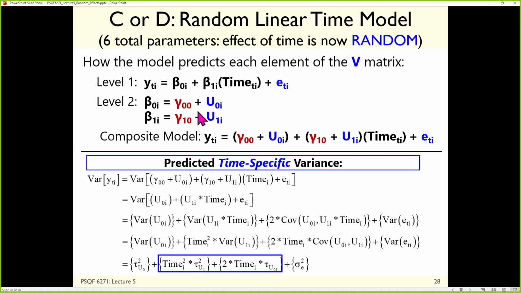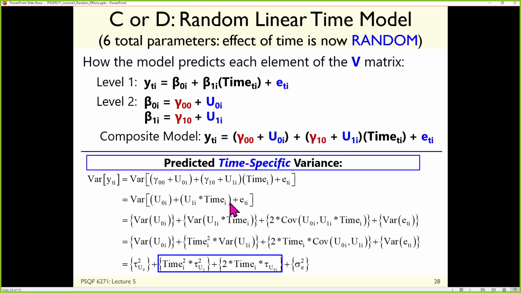So, boiling it down to how this new random linear time model predicts the variance at any one occasion. This is in chapter 5, by the way. So if I want to compute the model implied variance at a particular occasion, here's the model that I have. Anything that is a fixed effect drops out. So all I have to do is figure out the variances that have to do with the random or residual terms.